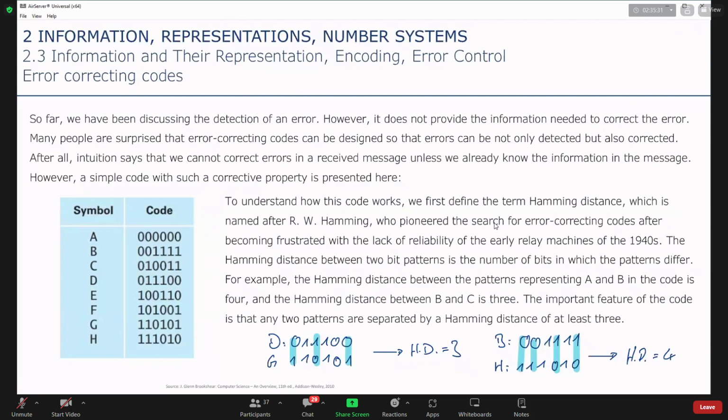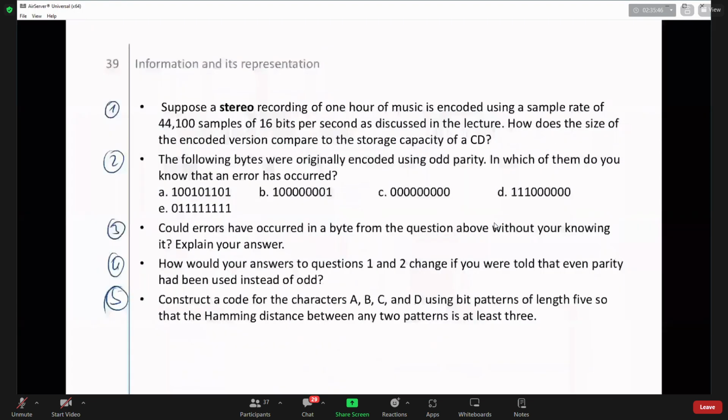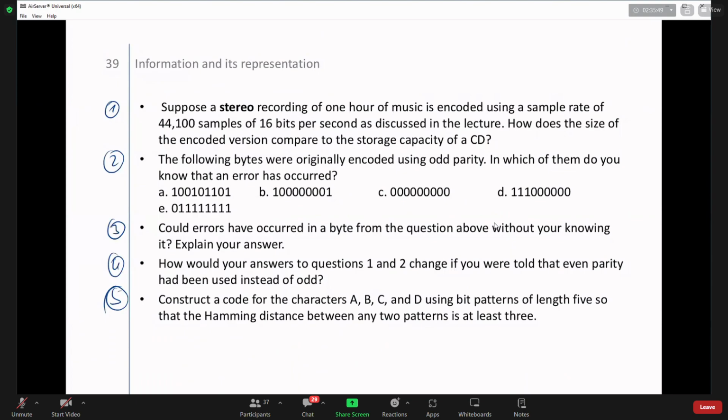The Hamming distance between two bit patterns is the number of bits in which the patterns differ. For example, the Hamming distance between the patterns representing A and B in the code there is 4. Between B and C, it is 3. And you should now construct a code for the characters A, B, C, and D consisting of 5 bits with a Hamming distance of at least 3. Please try that on your own for 10 minutes, and then we will look into it.